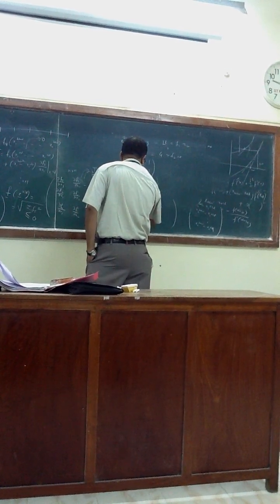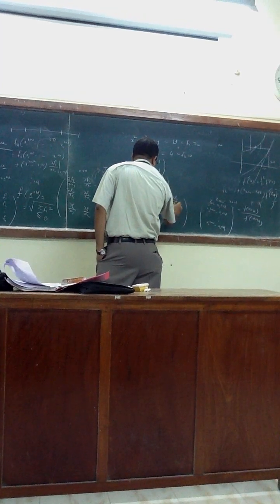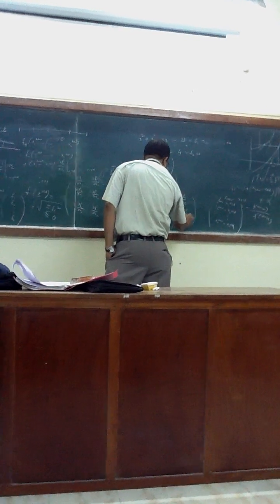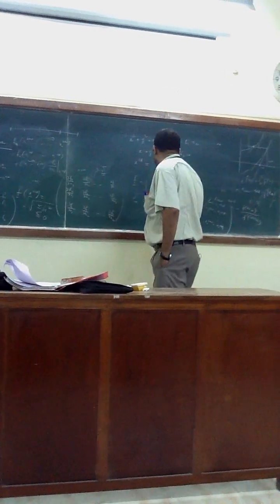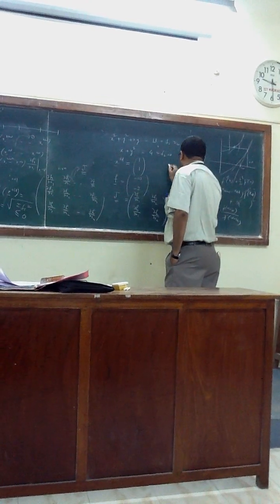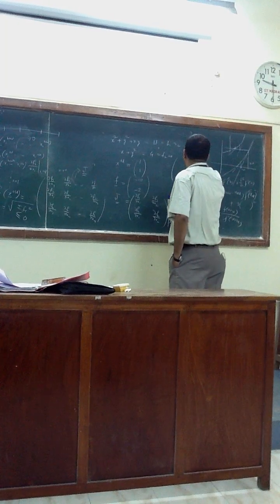Which is dou F1 by dou x1, dou F1 by dou x2, dou F2 by dou x1, dou F2 by dou x2, evaluated at x bar equals x bar naught. J bar will be, what is dou F1 by dou x1? You calculate it.